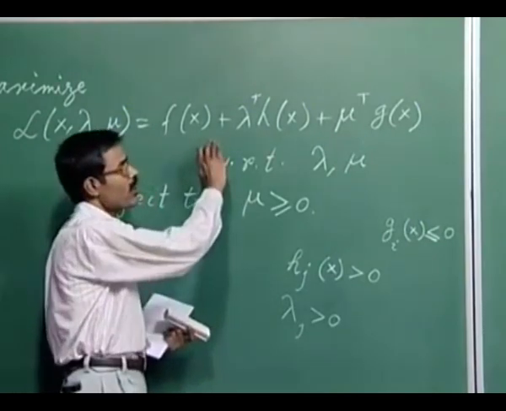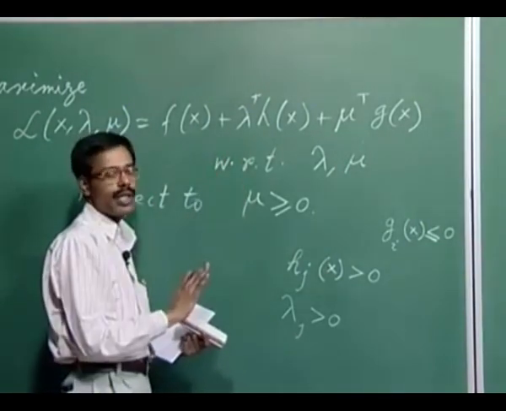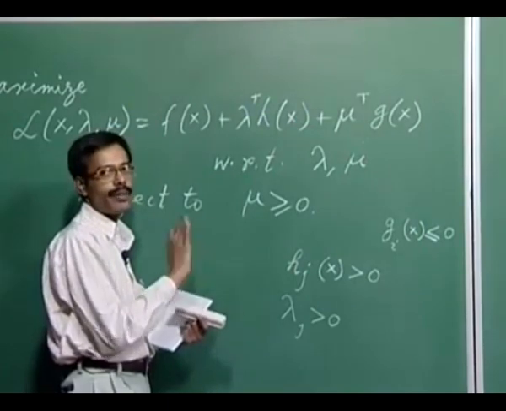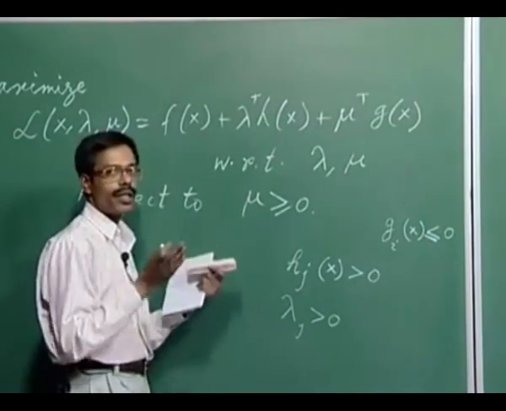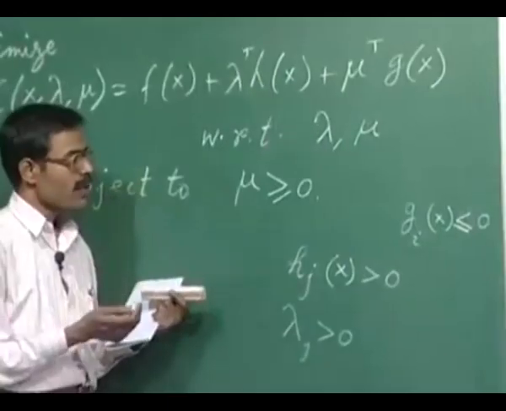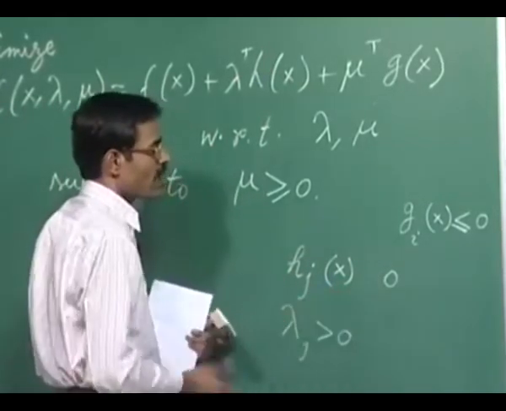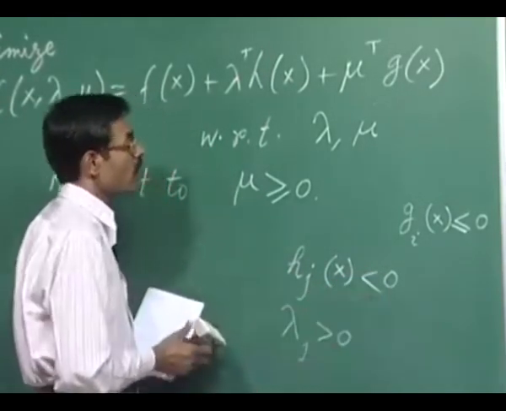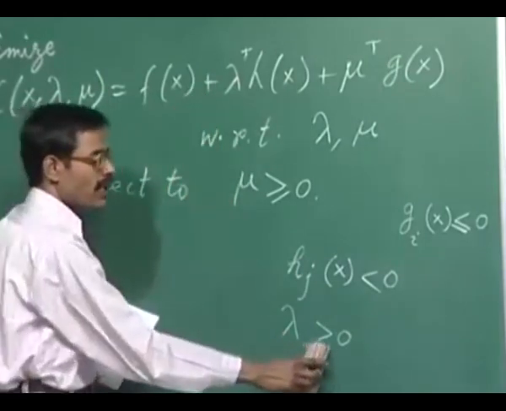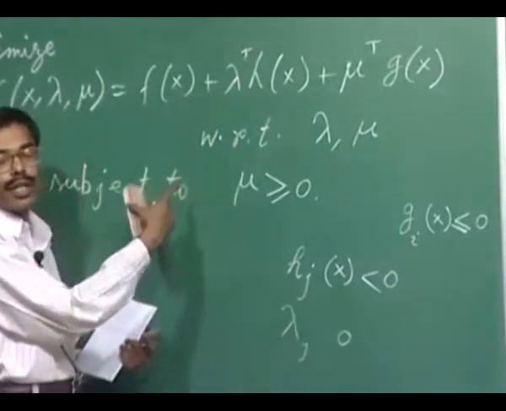So, that means on the upper side this function will be unbounded and we will not find any maximum. We can go on increasing it as much as we want. Similarly, if a particular h turns out to be negative, then the corresponding lambda j we can make negative. Here there is no sign restriction.